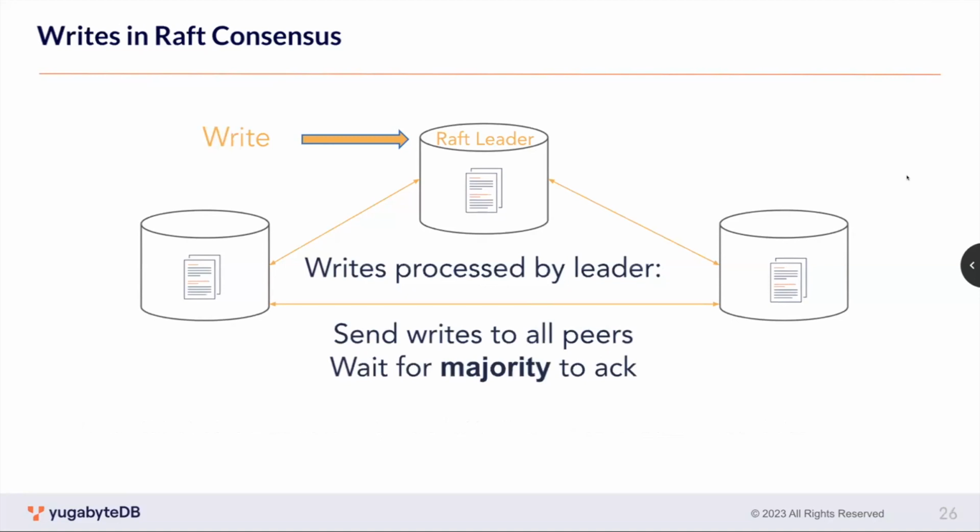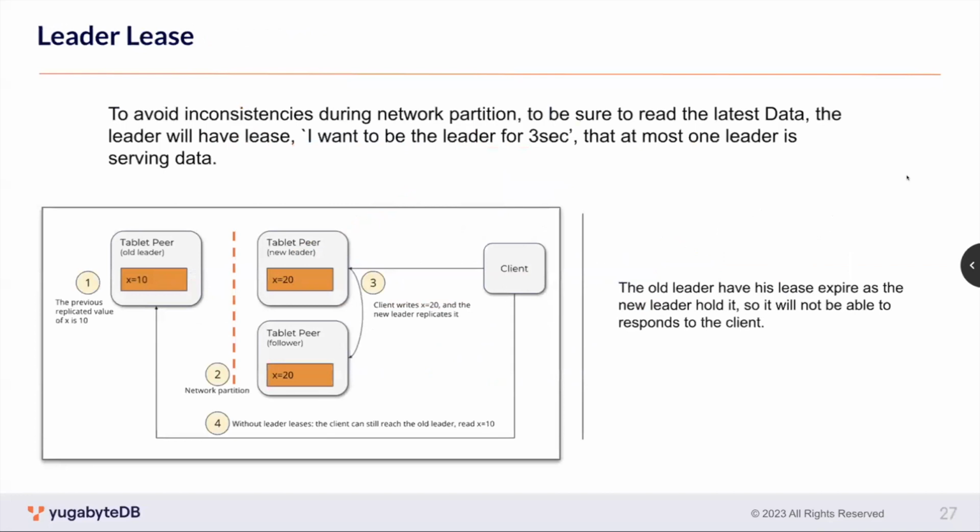The write is only processed by the leader, not the follower. And of course, for the write to be committed, the leader will wait for the majority to ack the change. That's why you always need the majority. Another addition to that is that we are going to give a lease to the leader.